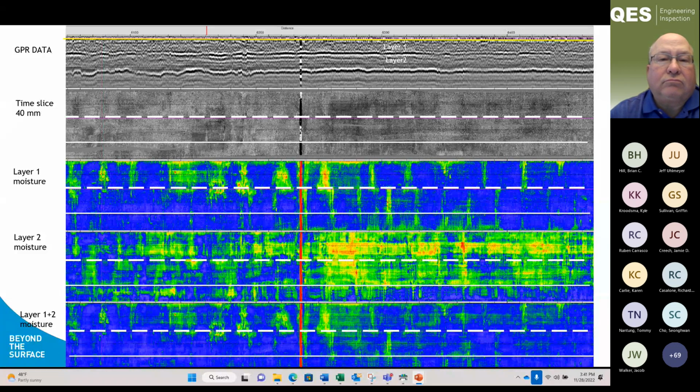And now you can see layer 2 in this section also had issues, with some damages that you could even relate to the wheel paths.